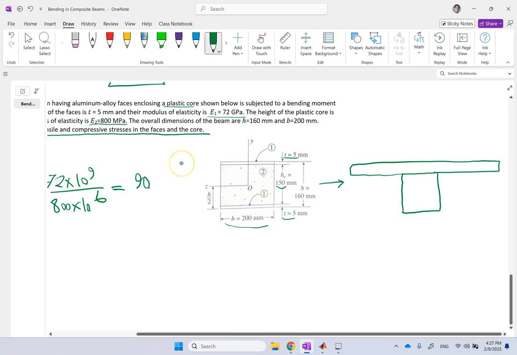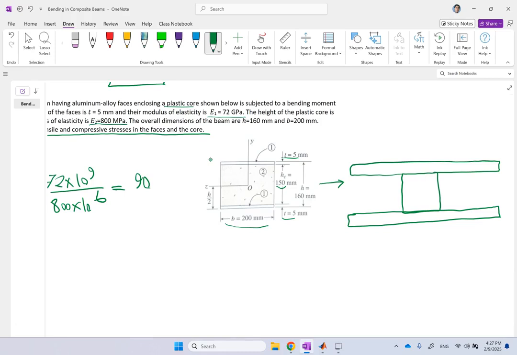times wider. And here, I don't really want to go 90 times wider because I cannot fit it into the screen. But basically, the width of this guy is going to be 200 mil. But the width of these guys are going to be 90 times 200 mil, which is basically 18,000 mil.